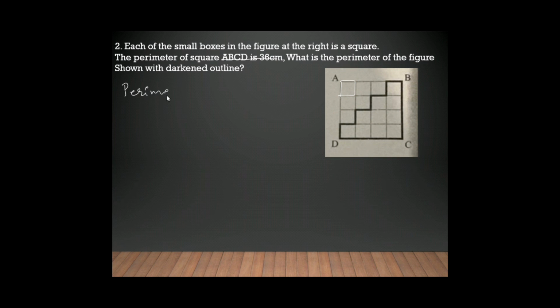Perimeter is the sum of all sides of the square here, right? That's the perimeter, and it is given to us as 36 cm.